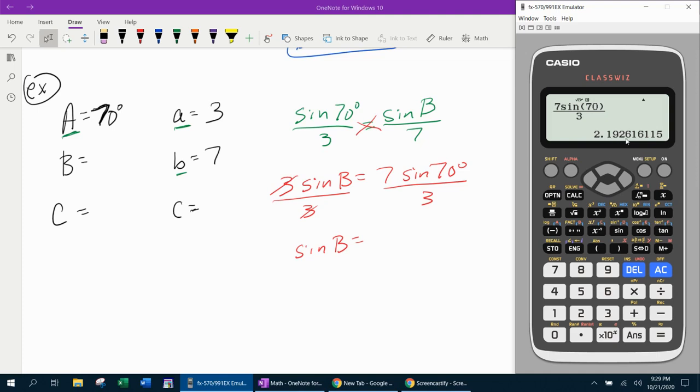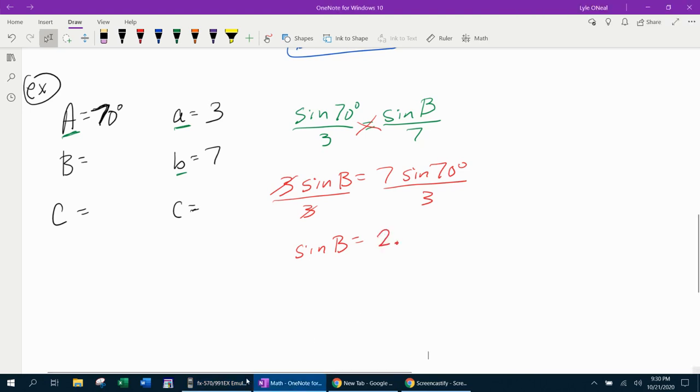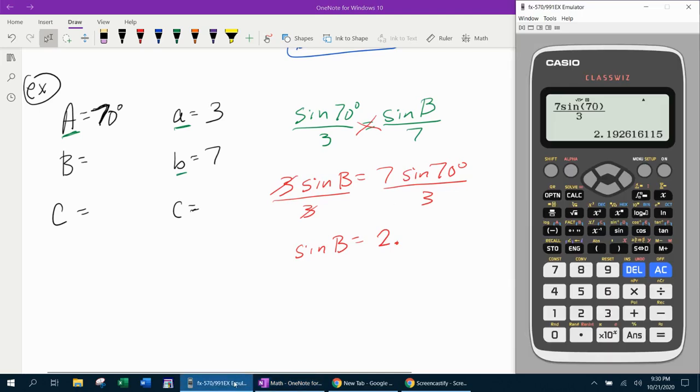Okay? Oh, and math secret, if this number is bigger than 1, no triangle. Did you catch that? If this decimal number turns out to be bigger than 1, law of sines, no solution. All right. Now, let's keep going though. 2.1926.